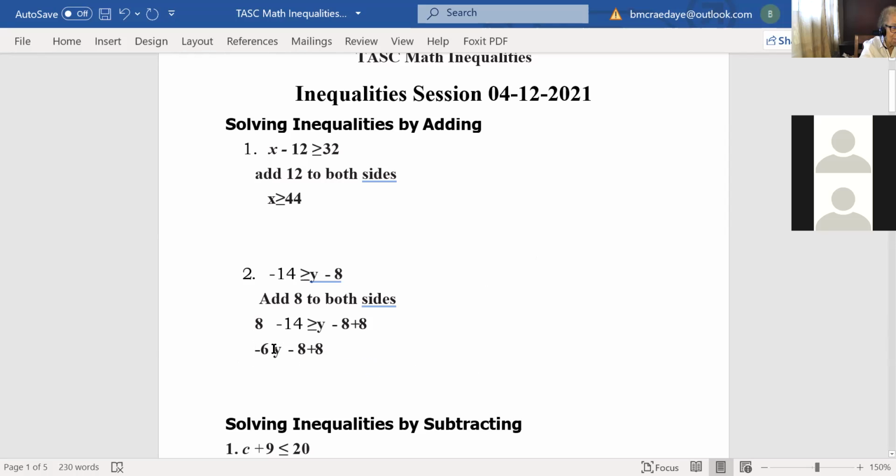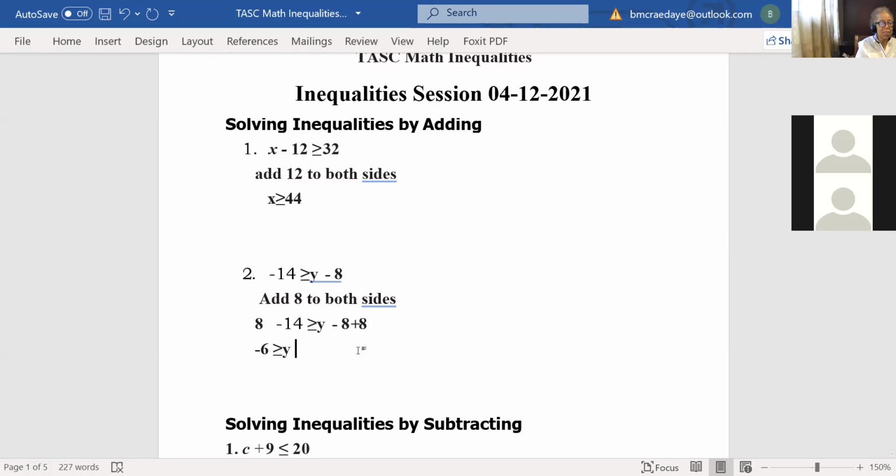Okay, so this would be, let's put y back here. So you got a minus 6 greater than or equal to y, because minus 8 and plus 8 goes to 0, right?